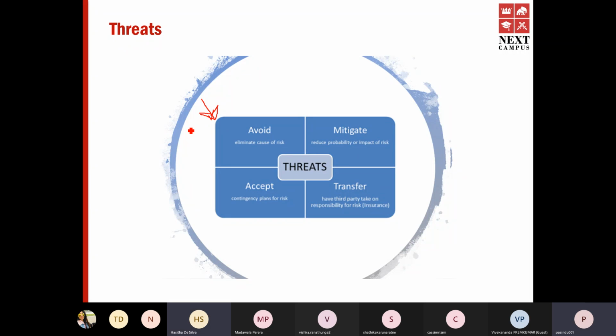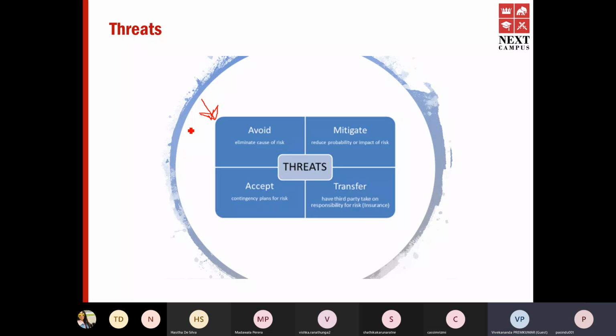Have an insurance? No, not really. How would you mitigate the risk? Maybe carefully driving, following the guidance. Okay, driving carefully can be an answer.